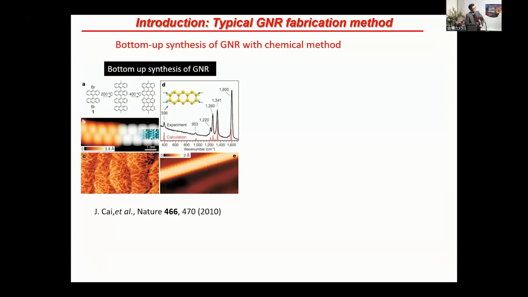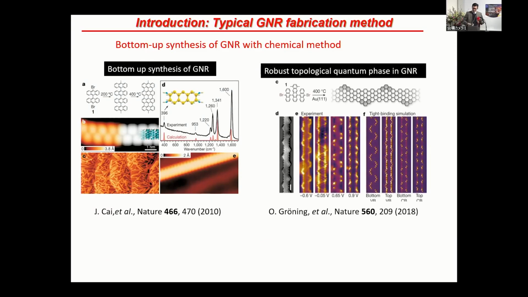By using special precursors, they can grow graphene nanoribbons with atomically precise structure control. This is definitely a wonderful method in terms of structural controllability.